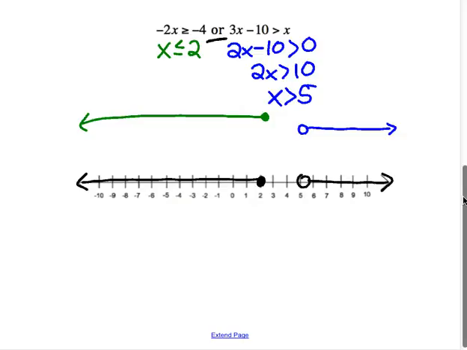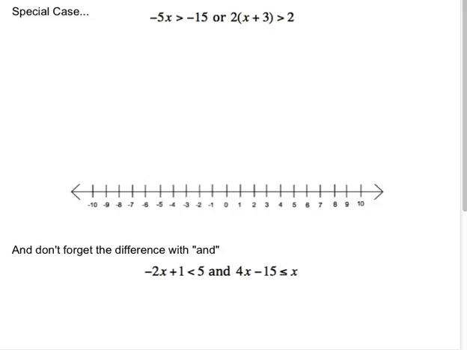Okay, so again, not much different than I've already been having you do. Now there is kind of a fun special case. If you flip over your notes, here again, let's focus on solving both independently. I'm going to divide by negative 5, which will flip my inequality. Oh, I'm sorry, that would be a 3.